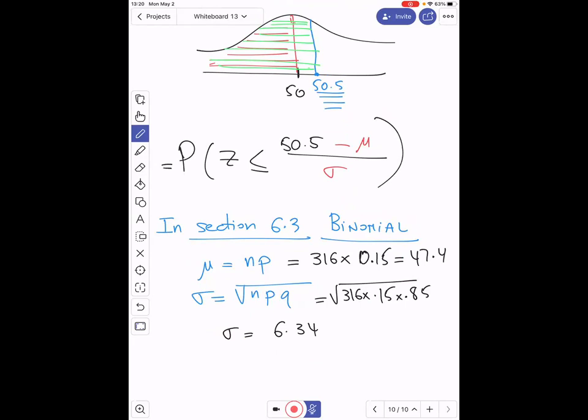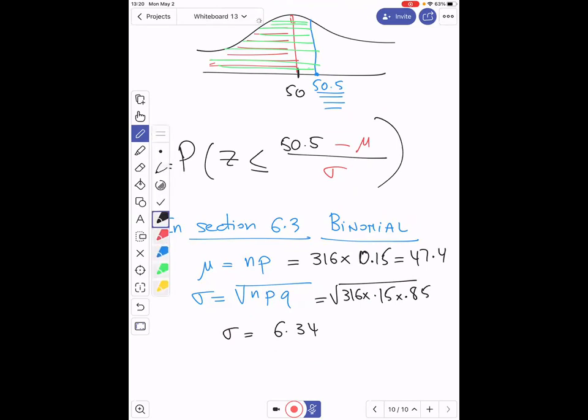Right? So that's how we find this mu and sigma when you have a binomial distribution. They are not given in the problem. That's different from exercises 1 and 2, right? So when you have a binomial distribution, you have to compute your mu and sigma.